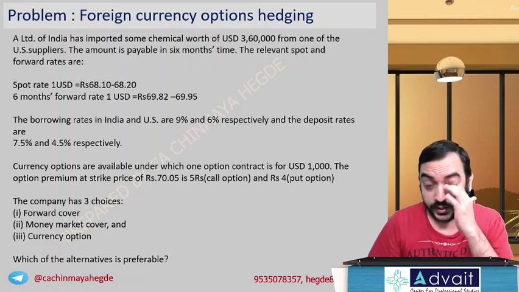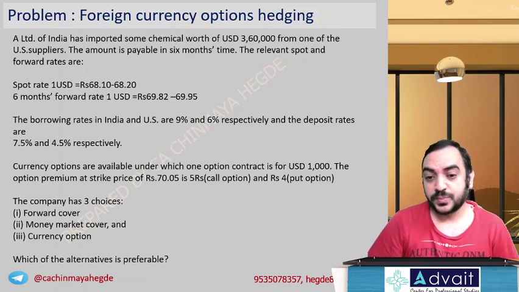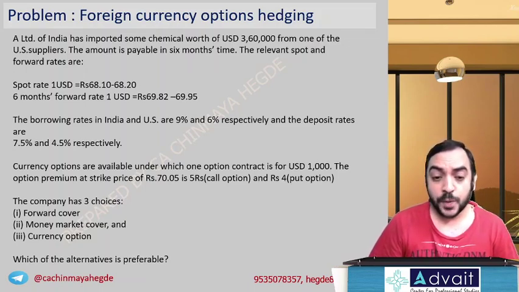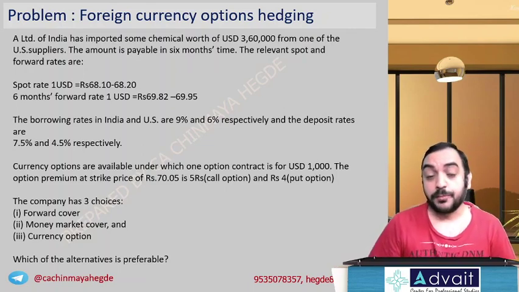The borrowing rates in India and US are 9% and 6% respectively, and the deposit rates are 7.5 and 4.5 respectively. Currency options are available under which one option contract is for US dollar 1,000. The option premium at a strike price of 70.05 is rupees 5 for a call option, rupees 4 for a put option. The company has three choices: forward cover, money market cover, currency option. Which of the alternatives is preferable?